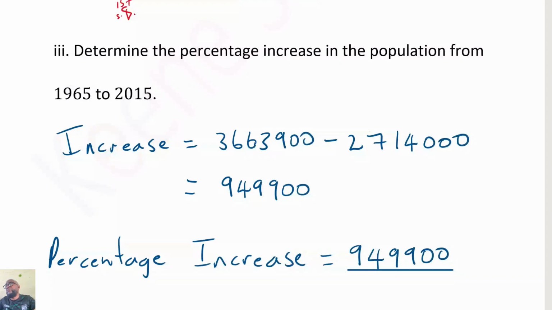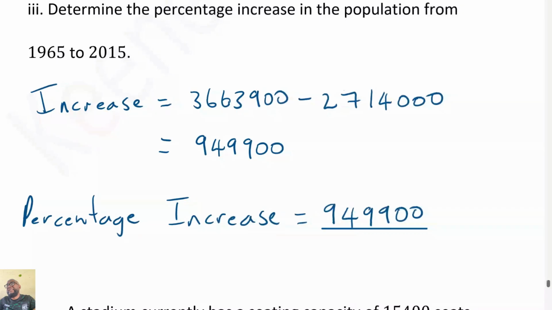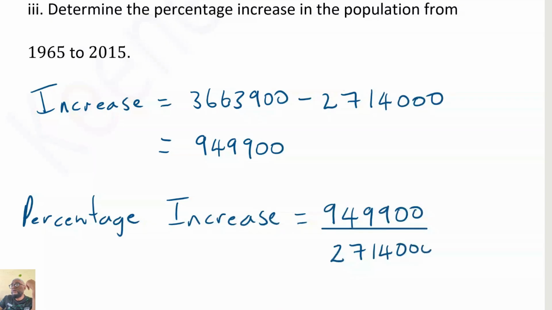What was the initial amount? How much was it at the beginning in 1965? 2,714,000 multiplied by 100 over 1, because it's a percentage I'm trying to find. So these zeros cancel here.